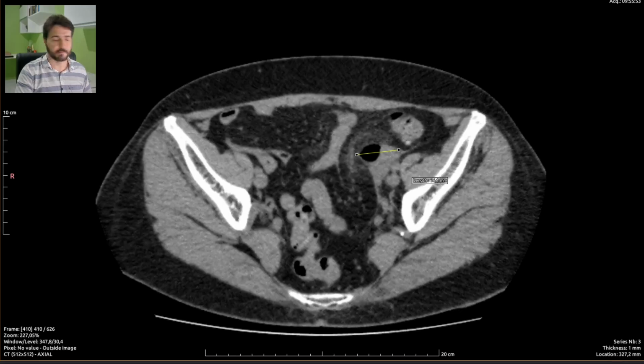It measures 3.6 centimeters. So we can easily diagnose this as acute diverticulitis of the sigmoid colon with an intracavitary collection.